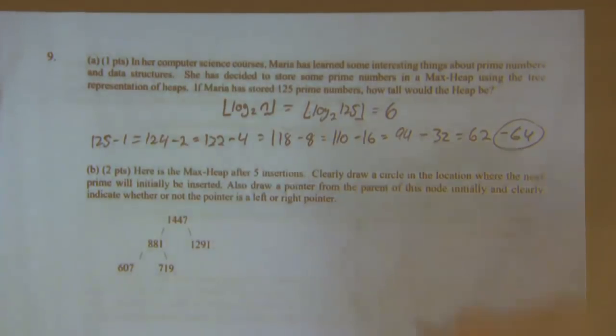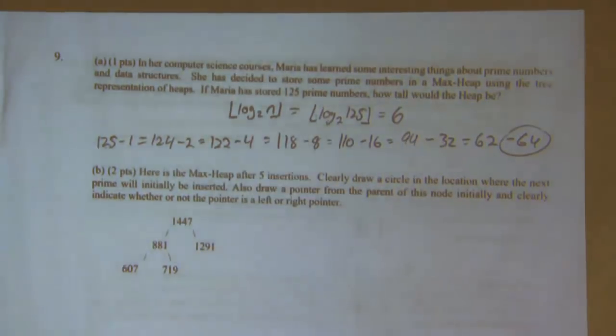Because if we're going down 7 levels, we traverse 6 children. Sorry, 6 edges. Does that make sense? Okay. Any questions about how I worked through that? Okay.